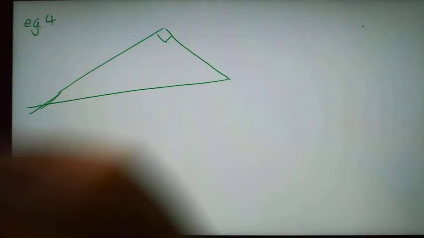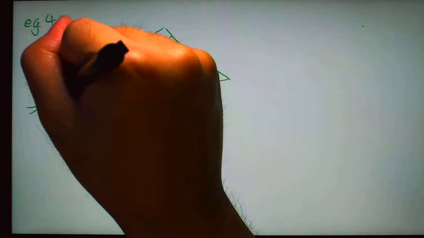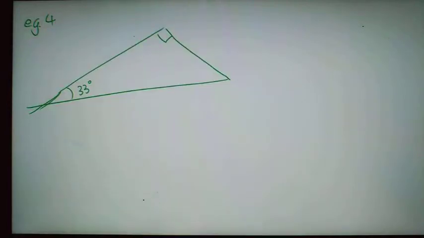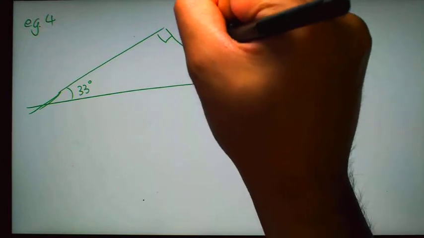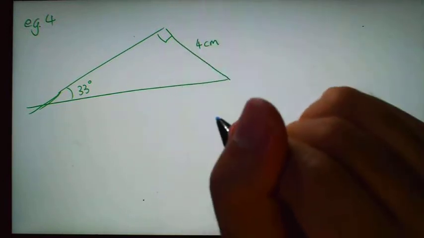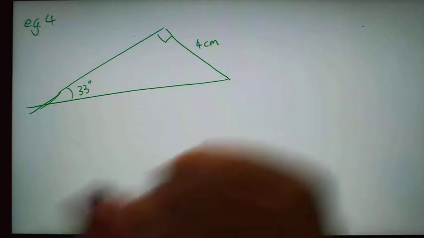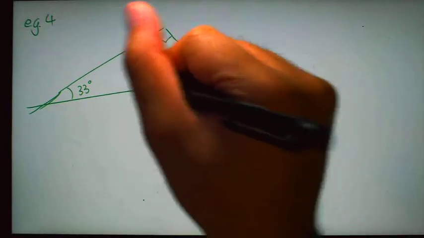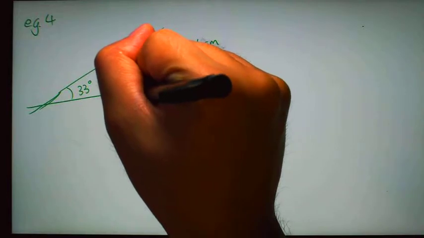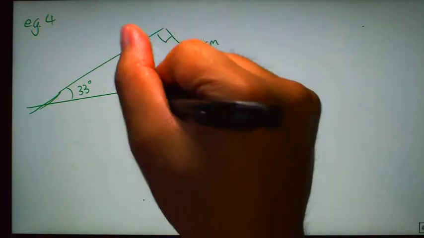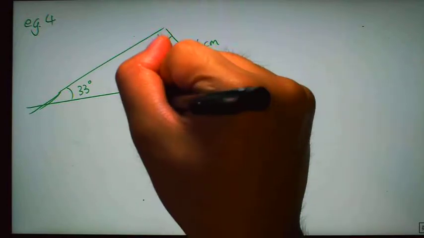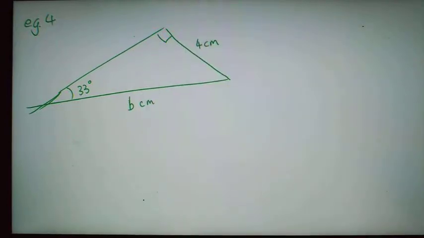Okay, this one here, 33 degrees, and this is 4 cm, and yeah, let's have a look at that. This is B cm.